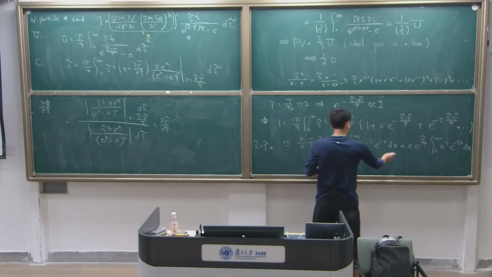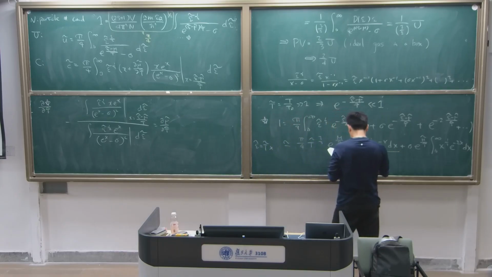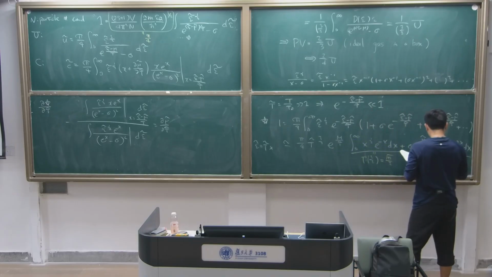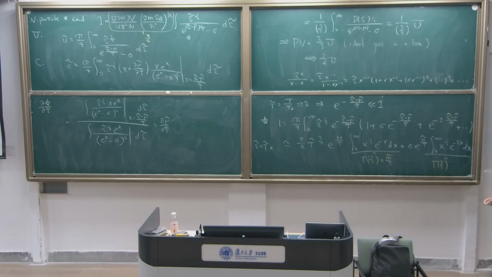Now, this guy is in fact equal to the gamma function. This is equal to gamma of 3 over 2, which is equal to square root pi over 2. And this guy is equal to gamma of 5 over 2, which is what?